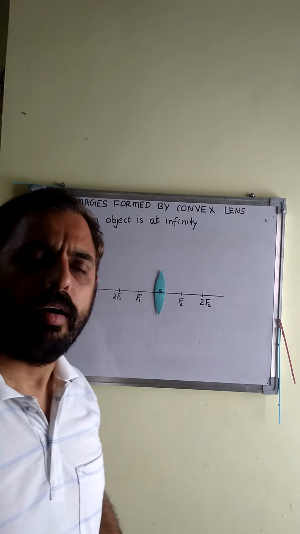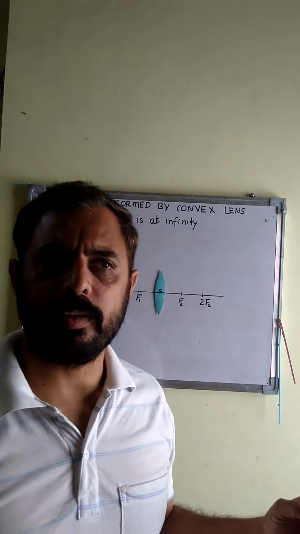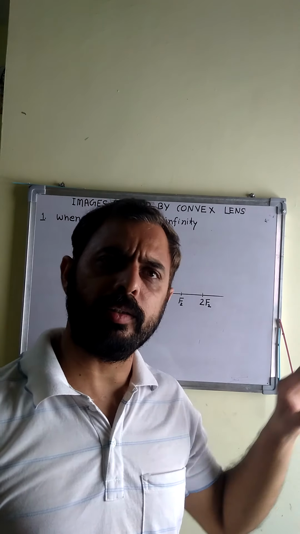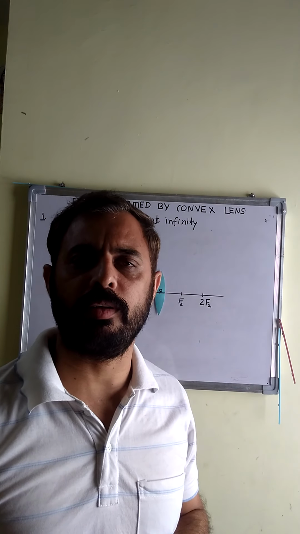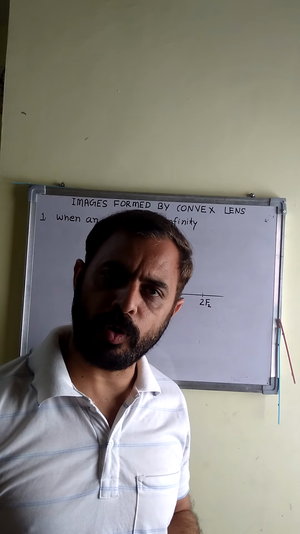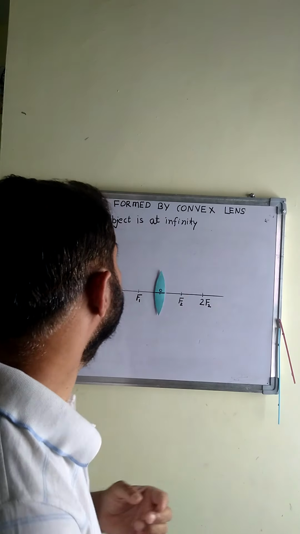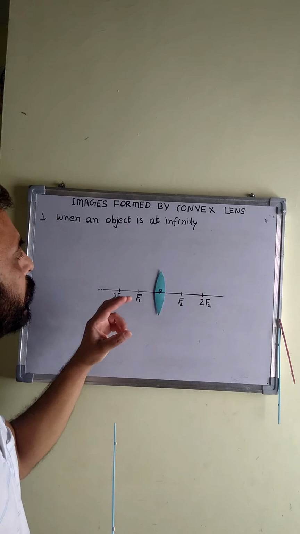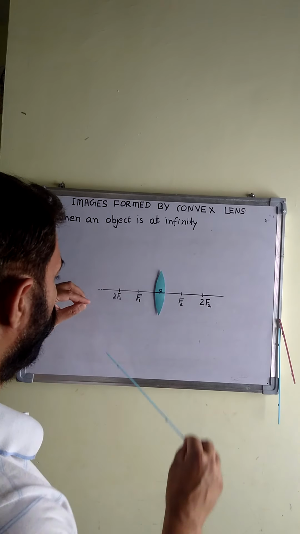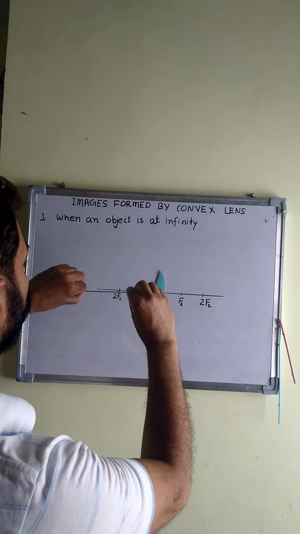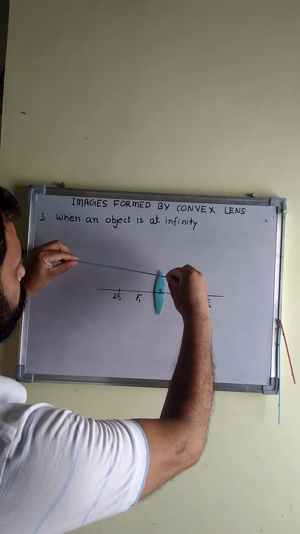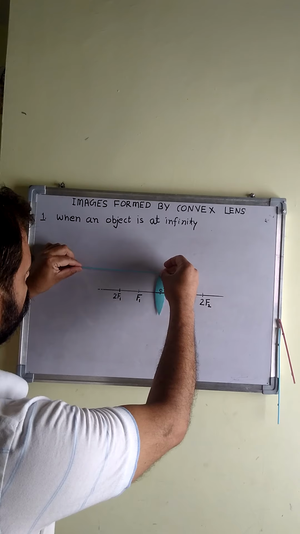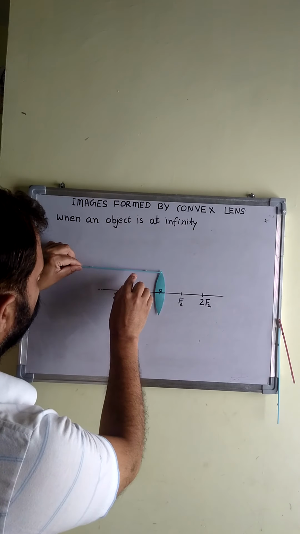When object is at infinite distance, all the rays are nearly parallel to each other. So minimum 2 rays are required to form an image. So here we go with the first ray diagram by the convex lens for the image formation. First incident ray, I'm using these sticks as incident rays and emergent rays.